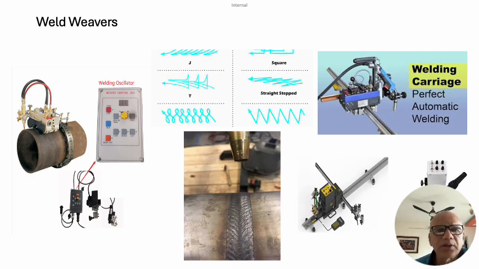But while you weld or while you weave, depending upon the joint, you need to follow different patterns as given here. Now, these patterns are not easy to follow unless you are highly skilled and practiced, not only having the skill and knowledge, but you need to really practice it well. The important point here is the spacing, or the pitch as we call it in a screw, and the dwell, that is how much time you wait at the extreme ends when you weave.